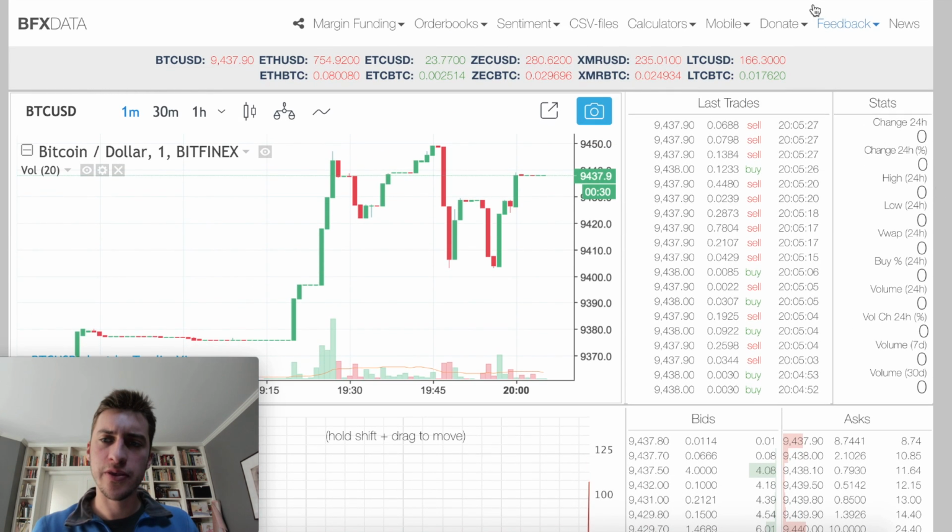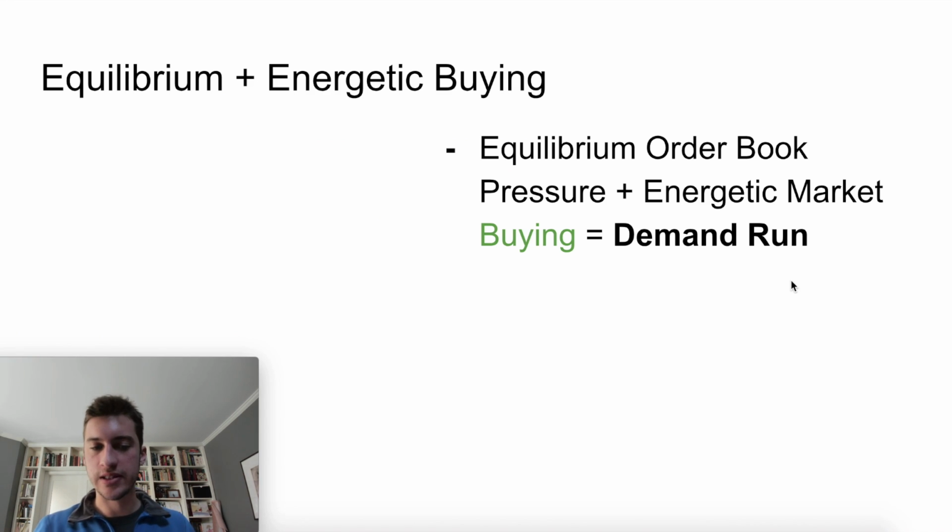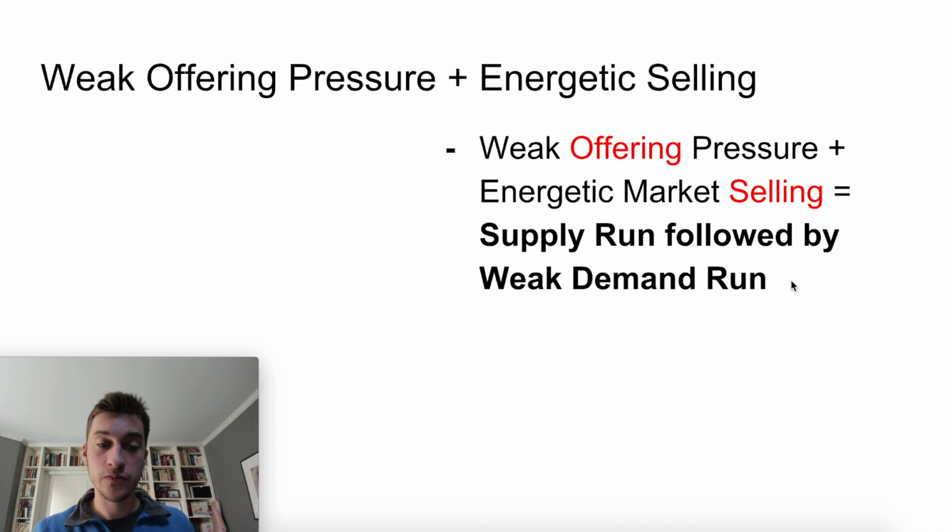But I hope that through these kinds of schematics of looking at different combinations of strong offering pressure, strong bidding pressure, weak bidding pressure, strong buying pressure, and weak selling pressure, and all these kinds of things, you can get a better understanding of why price moves occur and why price sometimes reverses, why price sometimes makes continuations and continues moving that direction.